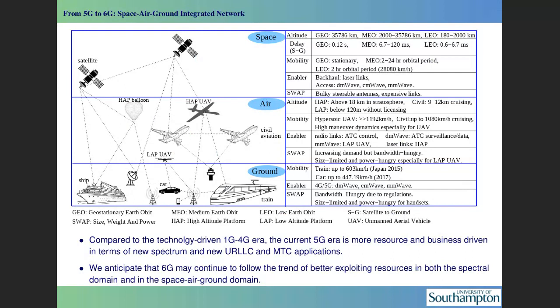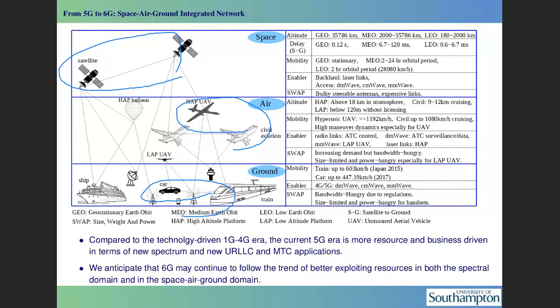So basically, satellite communications, aeronautical communications, they essentially follow the same principle as terrestrial communications. So we will revisit something like this today when we study the concept of channel modeling.